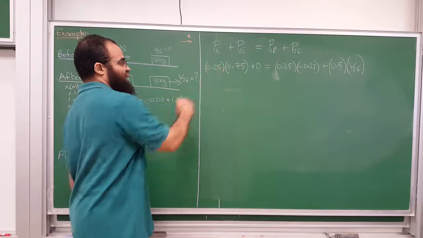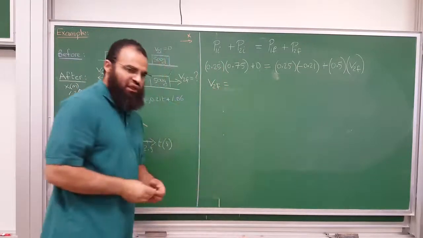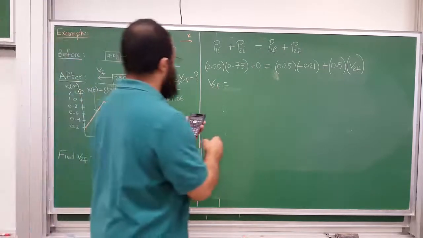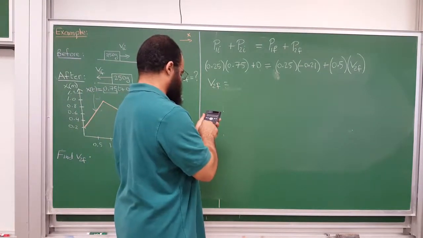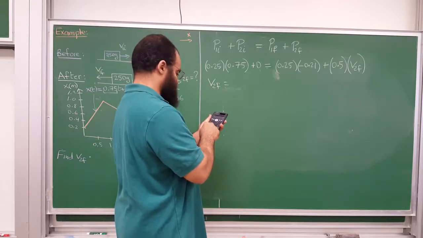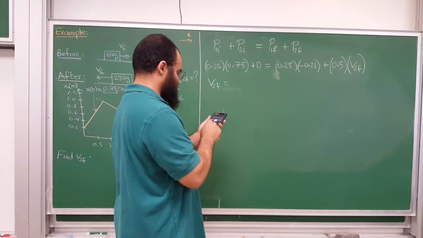So I think it's a simple calculation to figure it out. So you get v2 final will be, we have to use the calculator. So I have 0.25 times 0.75, and then plus 0.25 times 0.21, divided by 0.5.